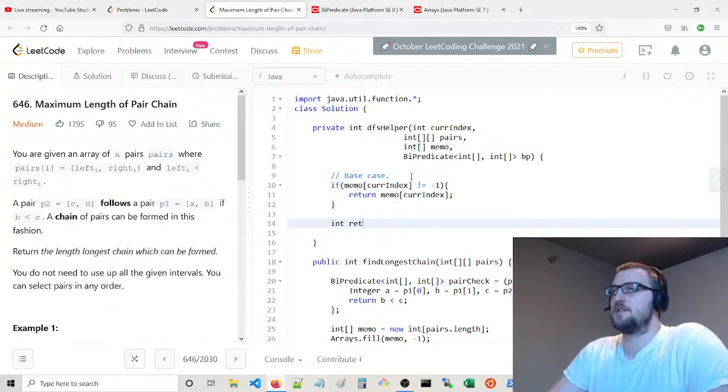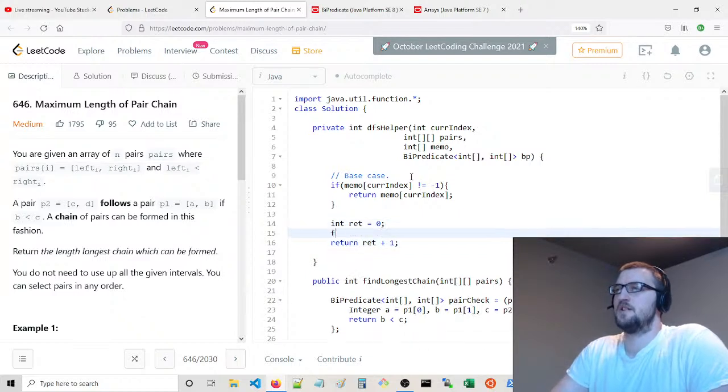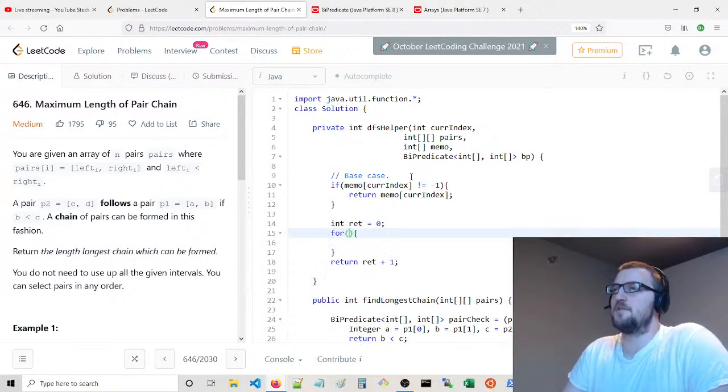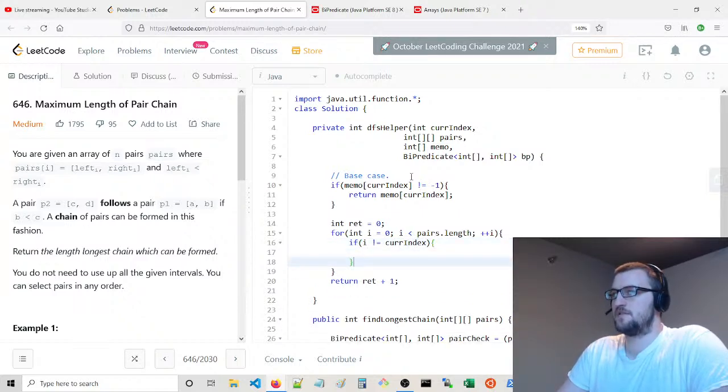We're going to say int ret equals 0. Loop over all of the pairs, pairs dot length, plus I is not equal to current index. Right, not including the current index.